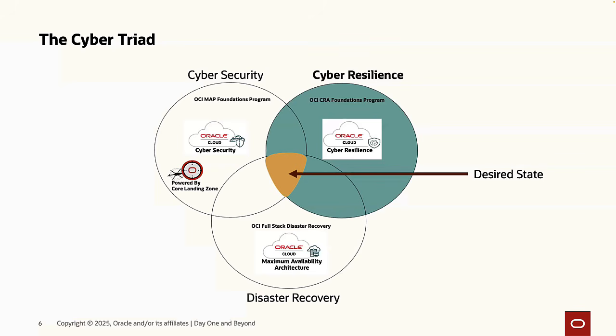We have our Maximum Availability Architecture for databases, as well as our OCI Full Stack Disaster Recovery service, which can help you with your workloads. You can develop recovery plans for your workloads without having to stand up the full infrastructure at another site. It can basically be deployed very quickly through code at an alternate place.